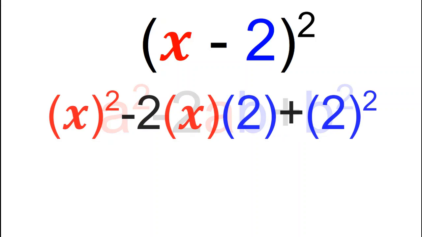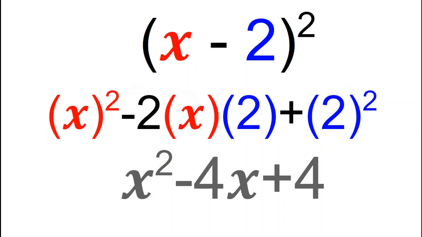And so we'll get x² − 2 times x times 2 + 2². When we evaluate this, we get x² − 4x + 4. This is because x² is x², negative 2 times x times 2 is negative 4x, and 2² is 4. And so (x − 2)² is x² − 4x + 4.